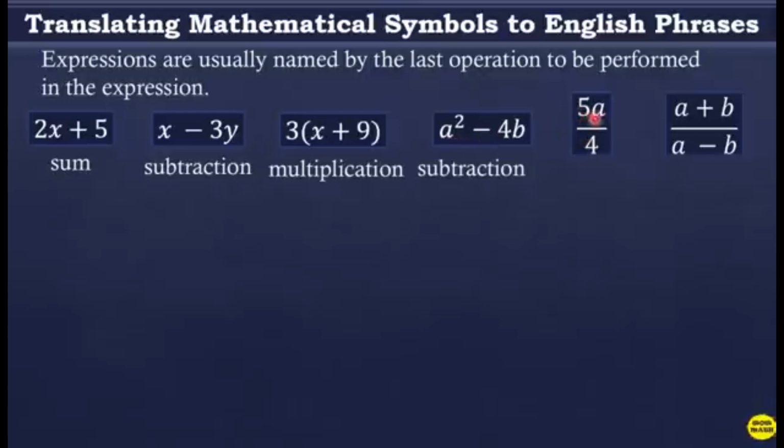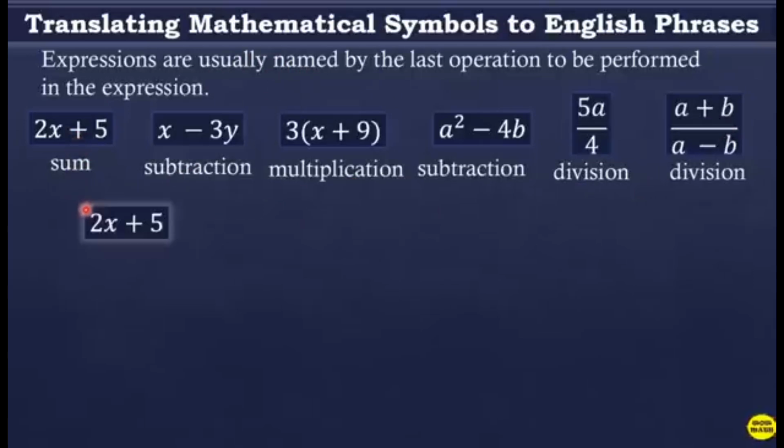And in here we're going to divide, because we're going to multiply 5 and a by 4, so division. And in here, the last operation would be division because we're going to do first the addition on the numerator and the subtraction in the denominator.